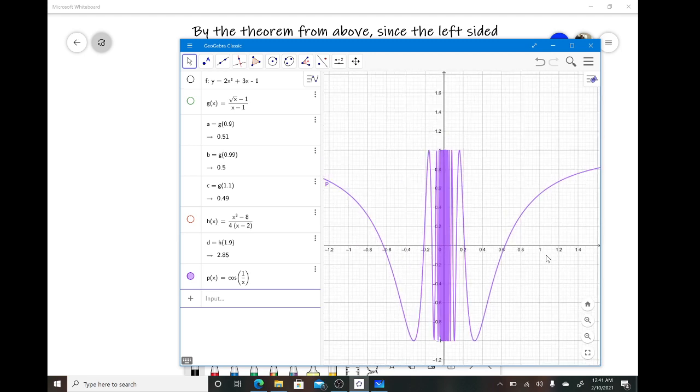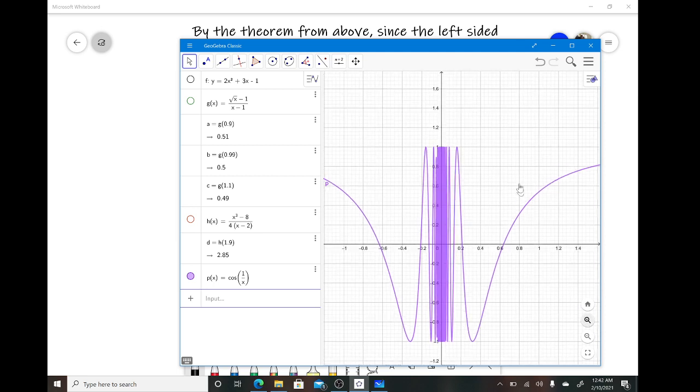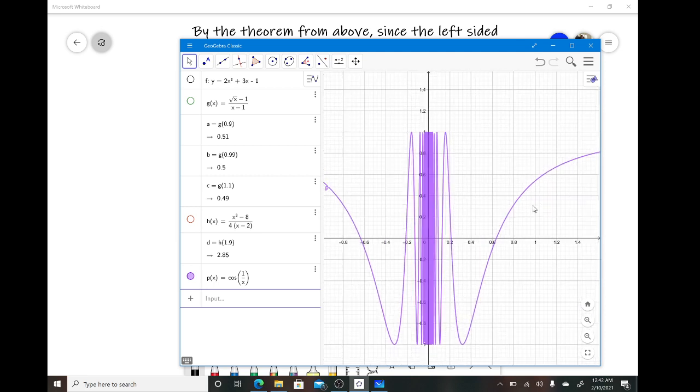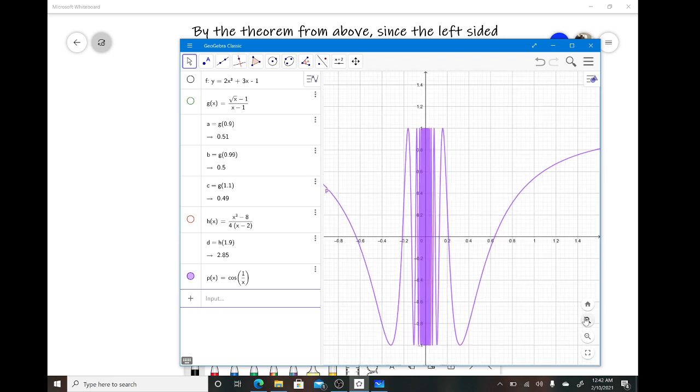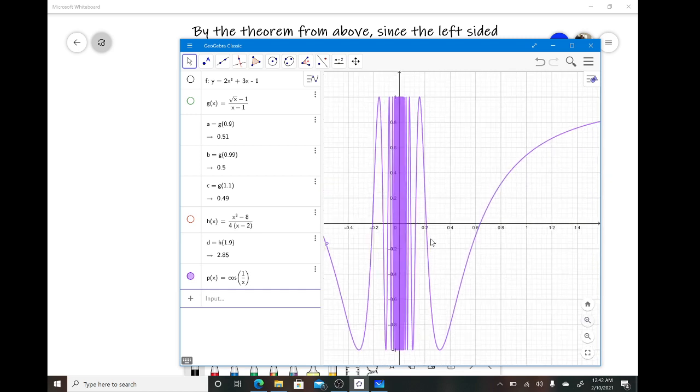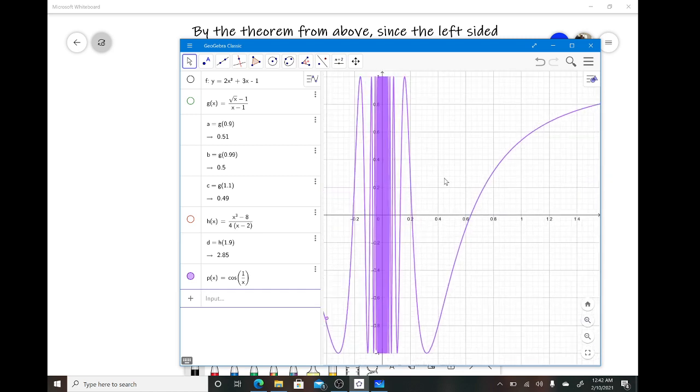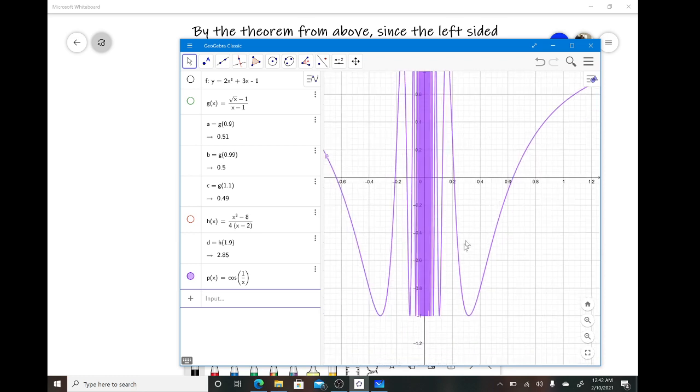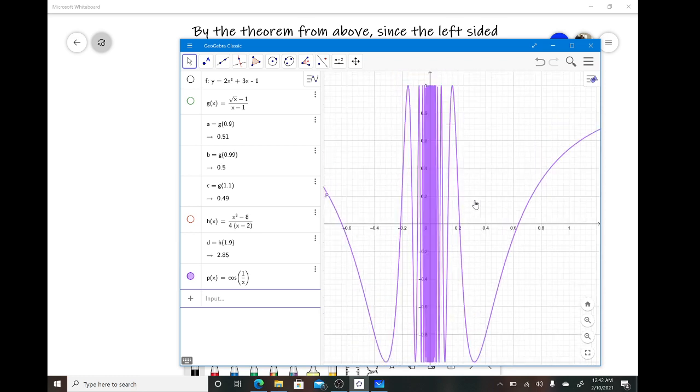Now, if we were to make a table, for example, and we were just to focus on the values like, I don't know, let's say 0.6, 0.4, even down here in these values that are very close, you may be tempted to say that the limit as we approach 0 would have been -1 or even 1, depending on which side you began looking at first.